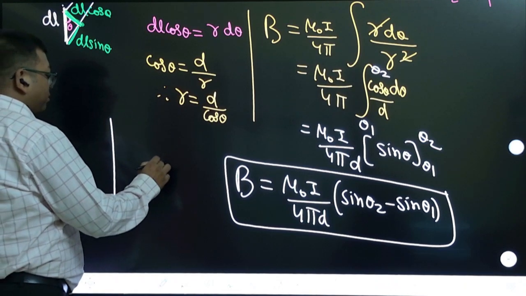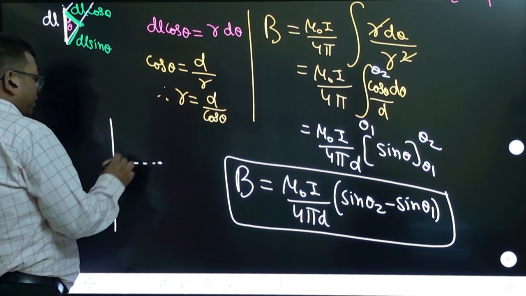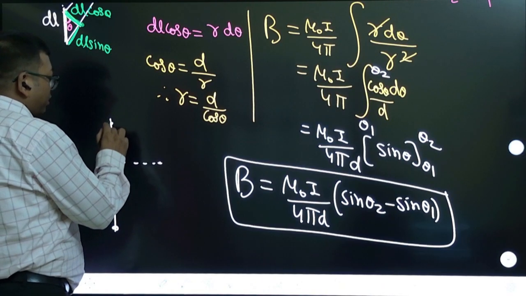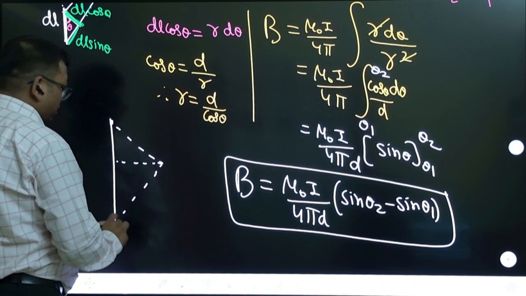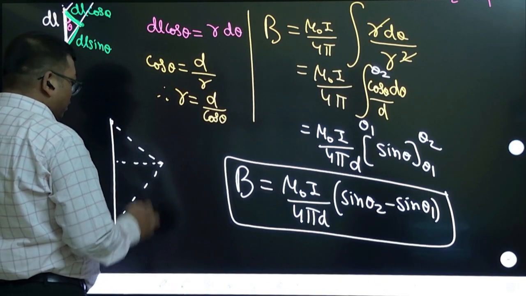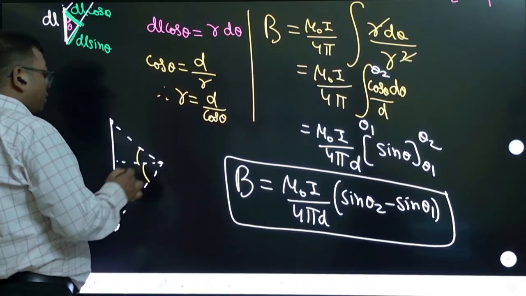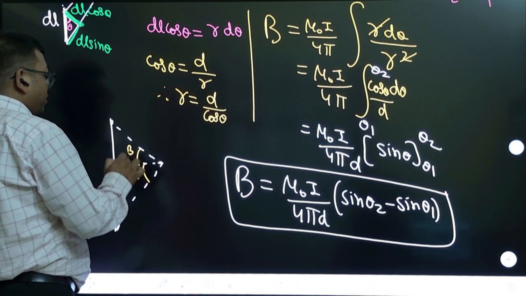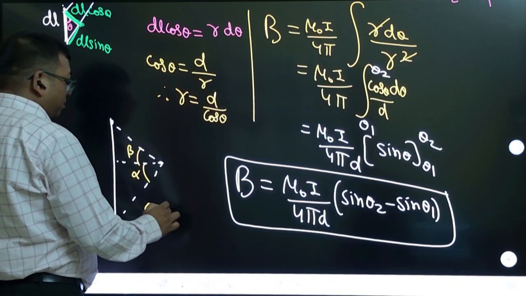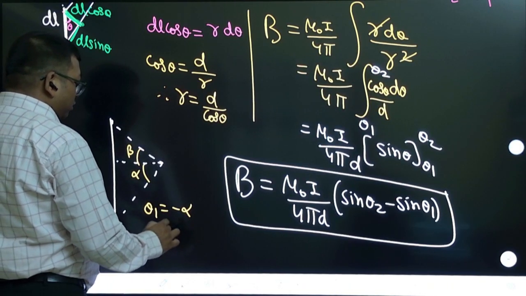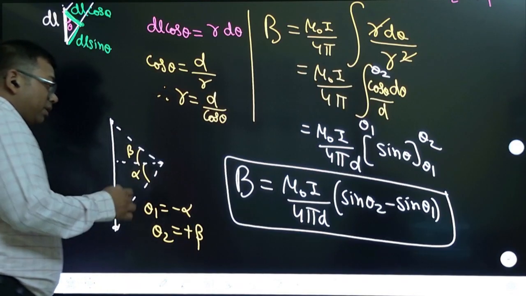What is that finite wire? This is the wire. It's a finite wire, and the ends of this wire subtend some angles here. This angle is theta 1, theta 2. Let us say here we have taken alpha, beta. So theta 1 I am taking as minus alpha, theta 2 I am taking as plus beta, because they are opposite.